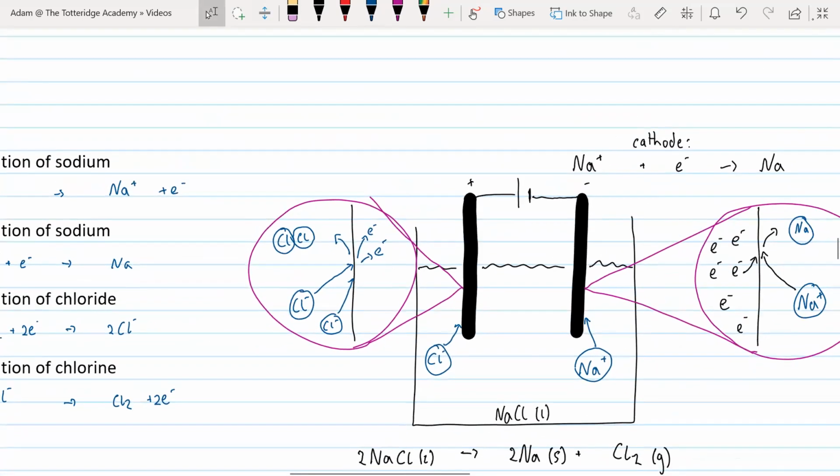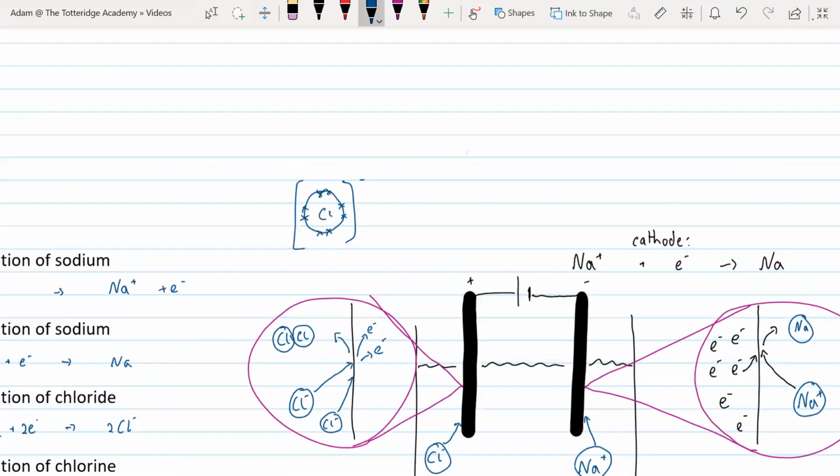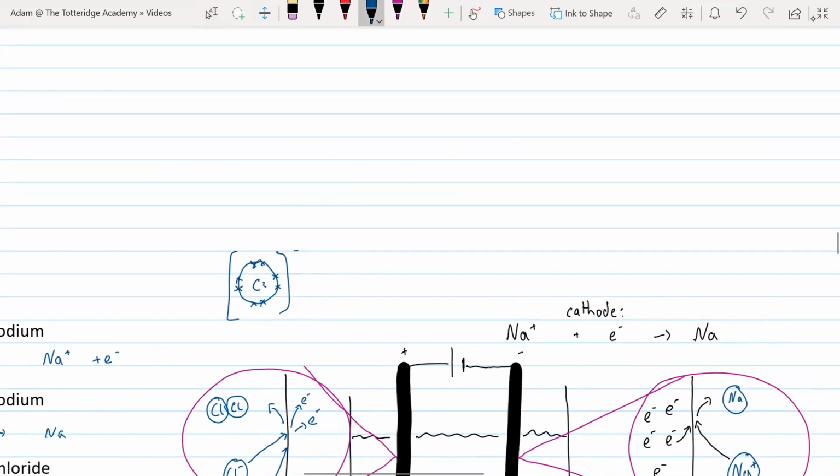I'll show you what that looks like as a dot and cross diagram. You'd have essentially a Cl with 8 electrons in the outer shell and a negative charge, and we'd have another one of those, exactly the same, with a negative charge.